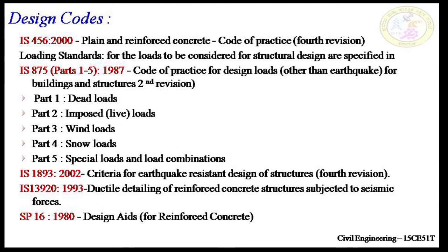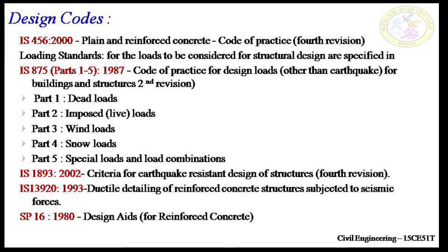Now coming to design codes, various countries have specified various codes for building design. In India, we have Indian Standard Code IS 456-2000 for plain and reinforced concrete. Together with this, we follow SP 16/1980.